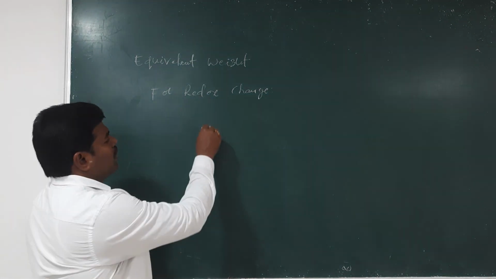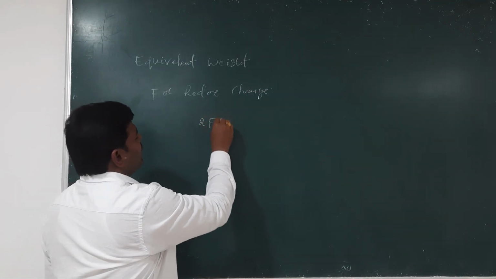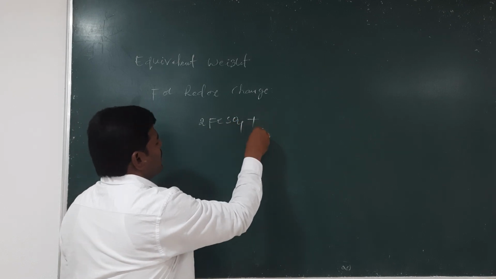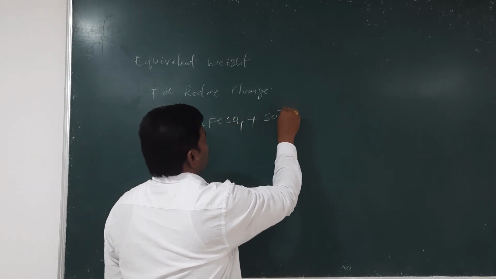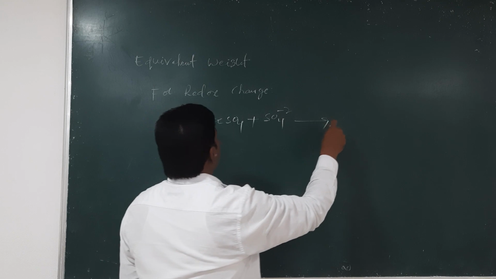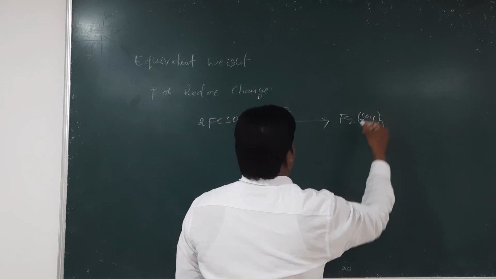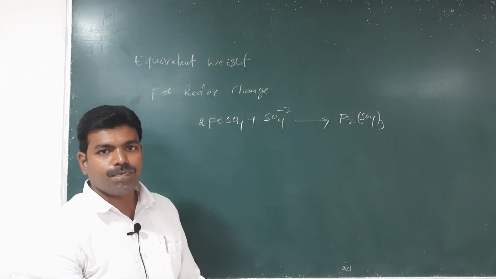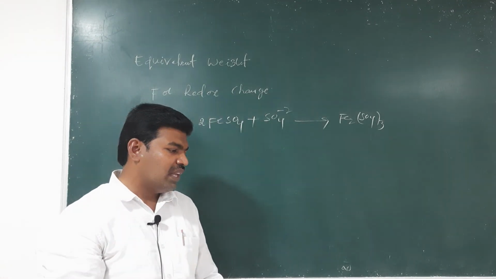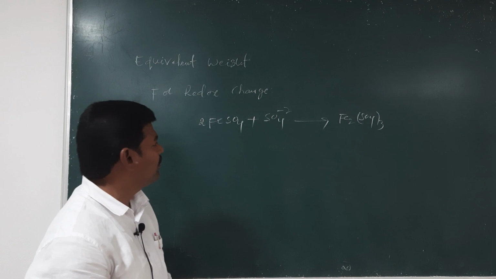So 2FeSO4 plus SO4 2 minus gives rise to Fe2(SO4)3.